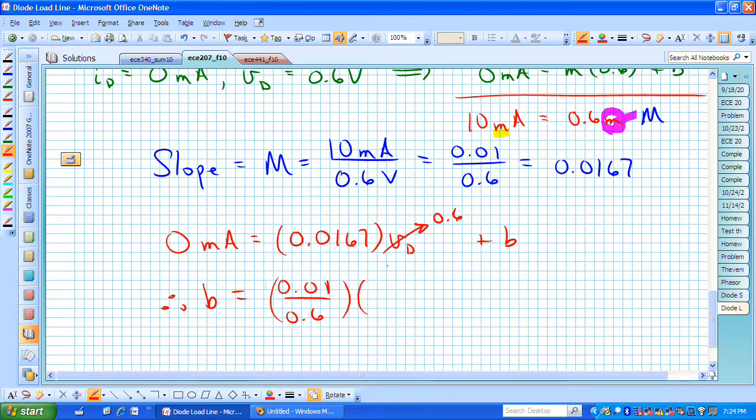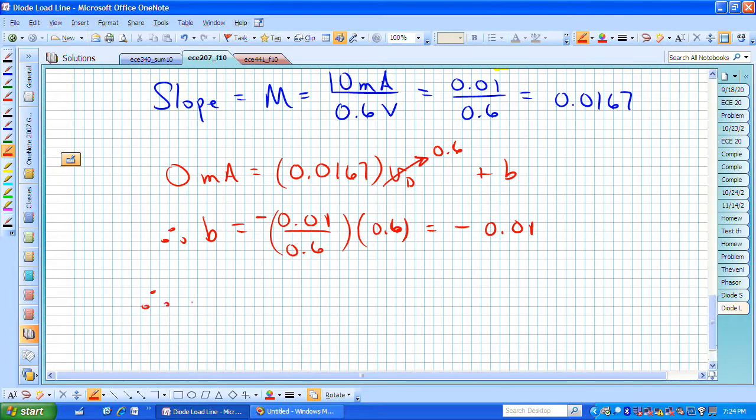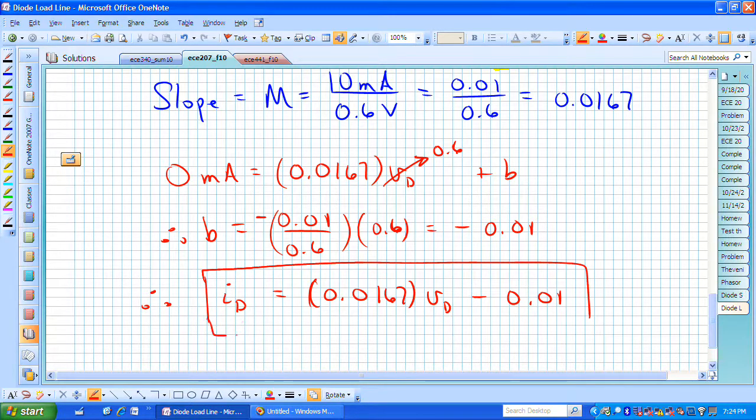We multiply it by the 0.6 and take it to the other side, and we have minus 0.01 for our intercept. So now our straight line equation for the current voltage relationship on the diode is I sub d, now in amps, equal to 0.0167 times V sub d minus 0.01. That's one of our equations, the IV of the diode.